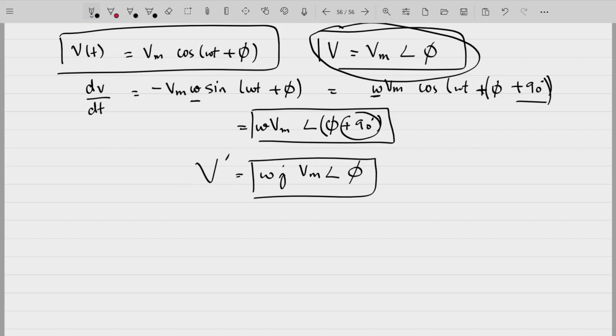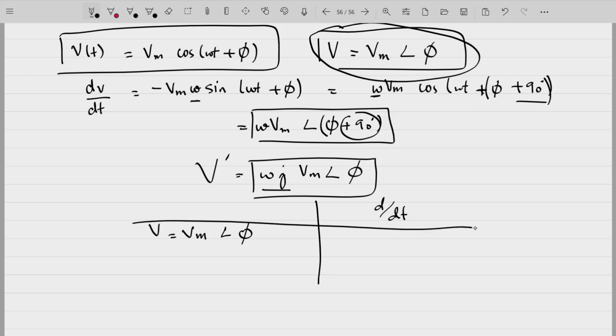So you can see that upon differentiating the phasor, omega and j get multiplied with your original phasor. If V is your normal form, V equal to Vm angle phi, then the differential form for this quantity is omega j Vm angle phi.